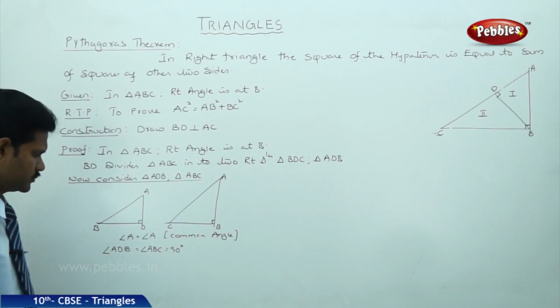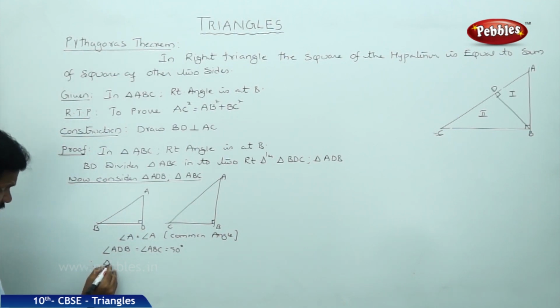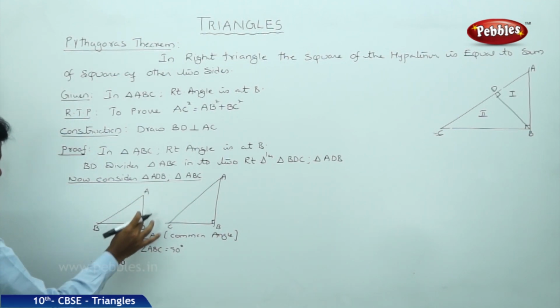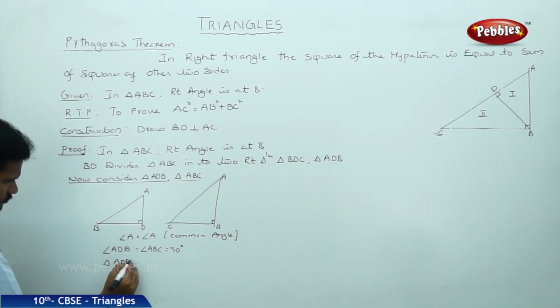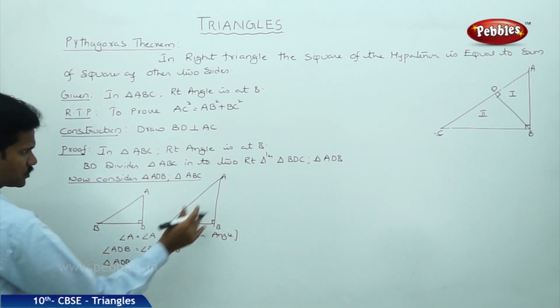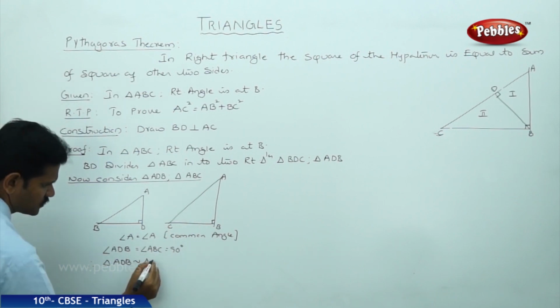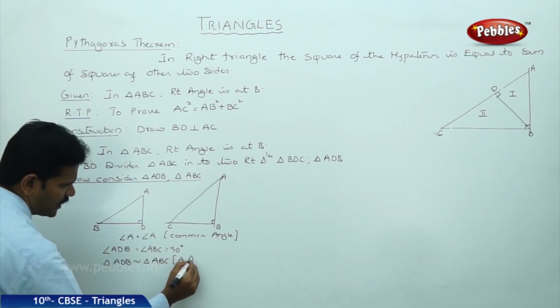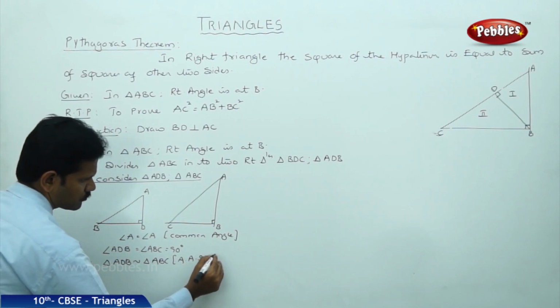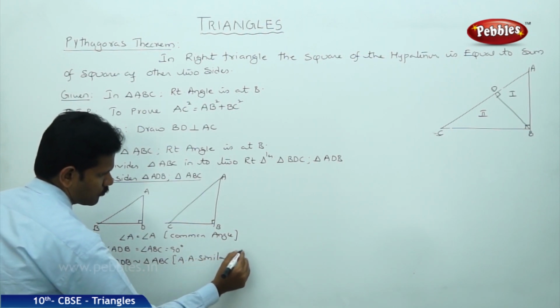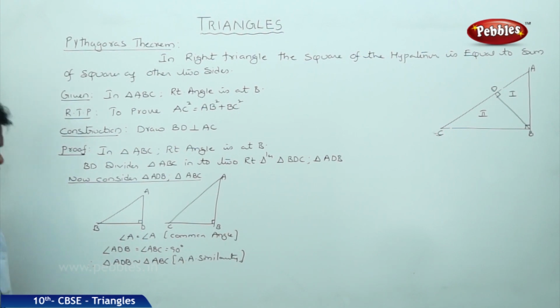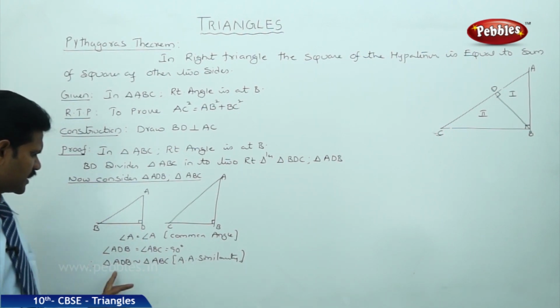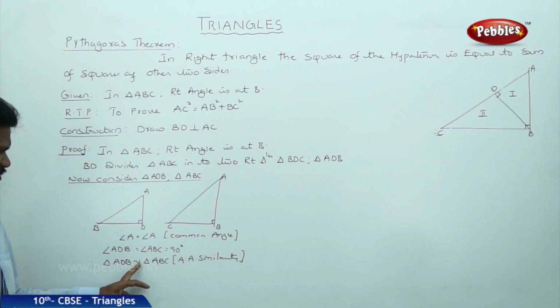Therefore triangle ADB is similar to triangle ABC by angle similarity. By angle similarity, these two triangles are similar.